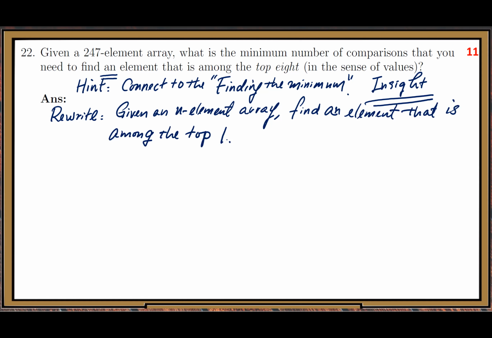Okay, all right. So we rewrite it that way because this version can be generalized to top k. The k number, we can change it. So this version can easily be generalized to the k version.